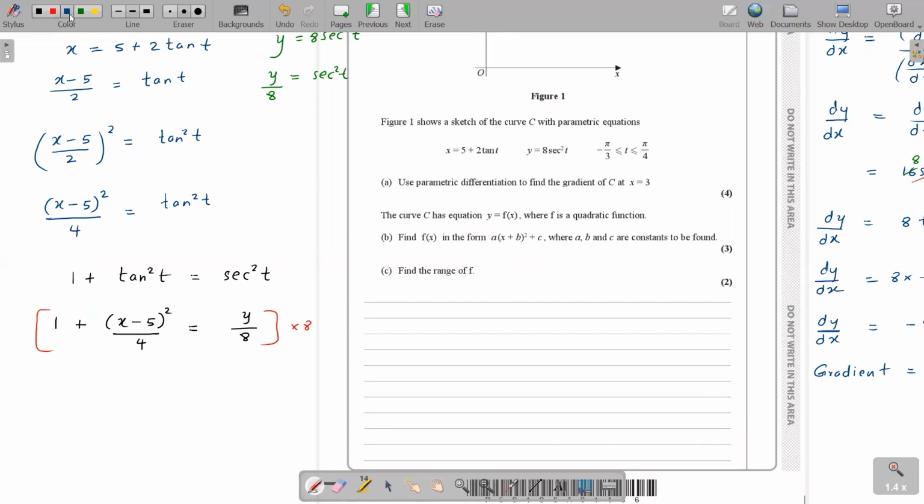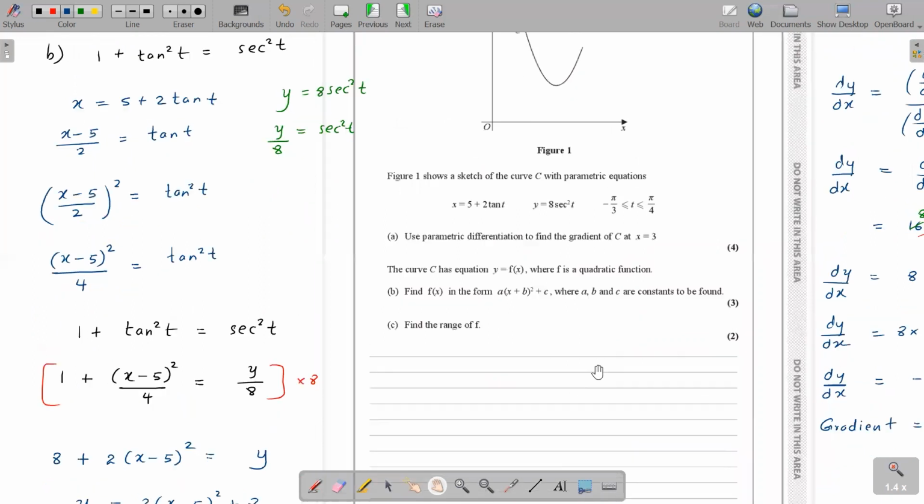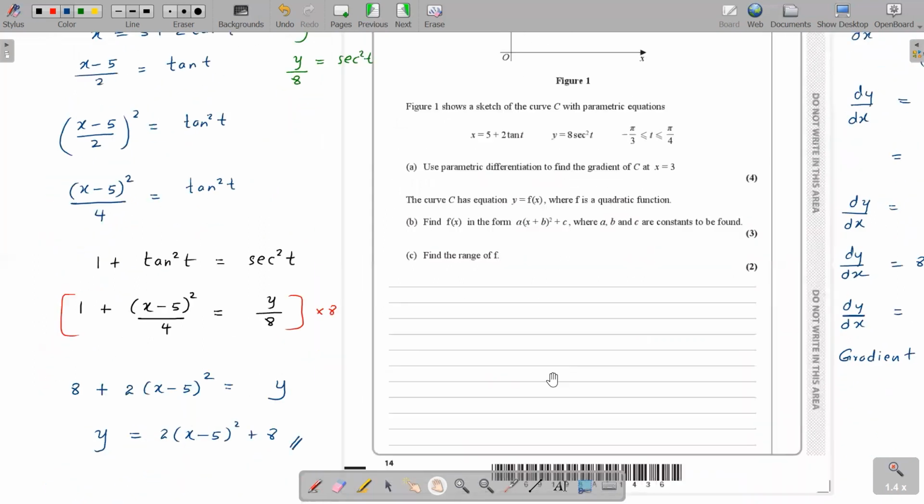So what do you get here then? 8 into 1 is 8, plus 8 into 1 over 4 (x minus 5) square. 8 and 1 over 4 cancels, so 2(x minus 5) square equals y. So shall I write it in the proper way? y equals 2 times (x minus 5) square plus 8. So this is the quadratic equation. Basically, the graph is drawn here for you. Can you see? So this is the f(x) where a, b, c are constants to be found. Is this clear?